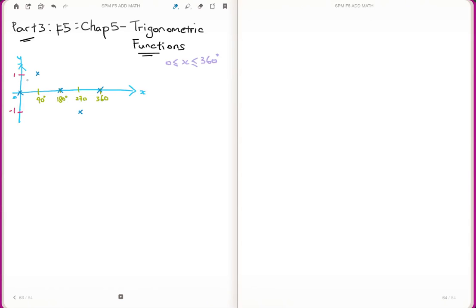You curve it somewhere near 1, and go down so that I get an S curve. Then label it y equals sine x. So this is the first one I want you to sketch.